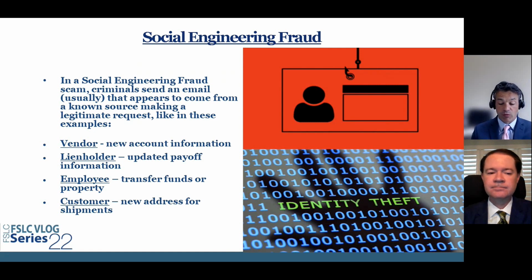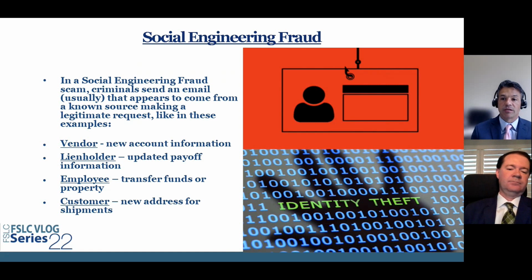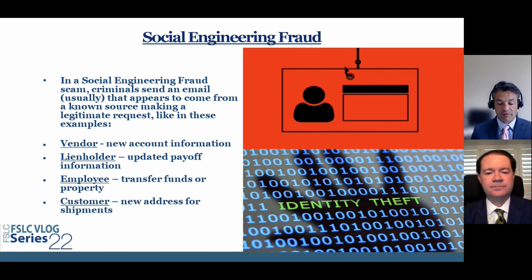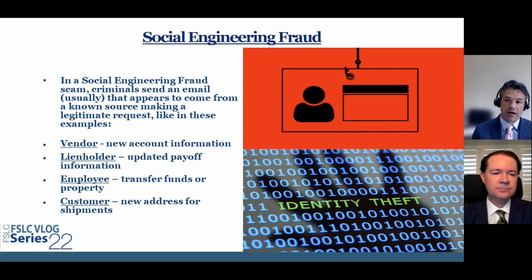They arise in a variety of different ways, as Justin just told you. The sources of the information necessary for the bad actor to do what they do can be derived from a variety of other bad acts. But in most circumstances, the bad actor is pretending to be a vendor of the insured, so someone that the insured owes money to, or another usually high-ranking employee at the insured who has the ability and authority and power to direct others to transfer funds.